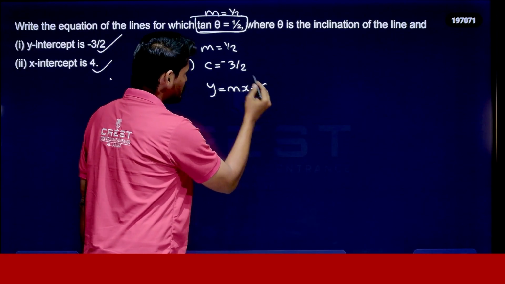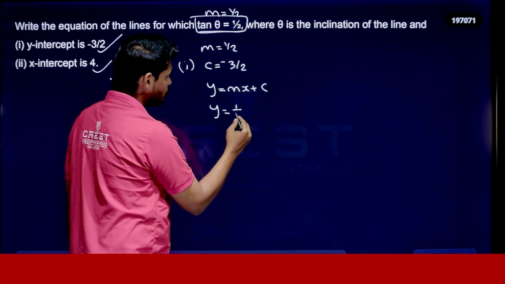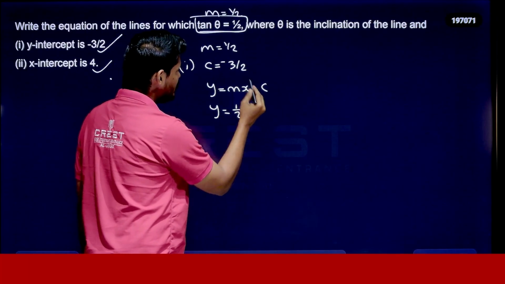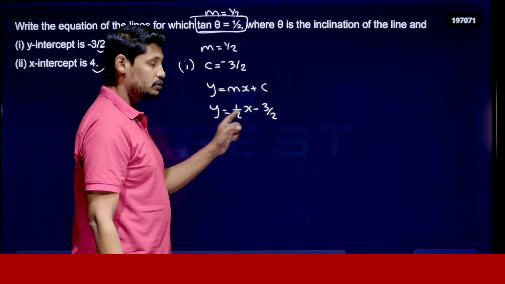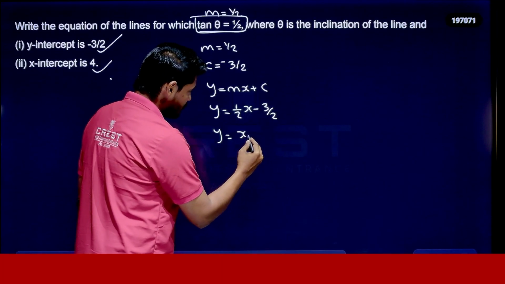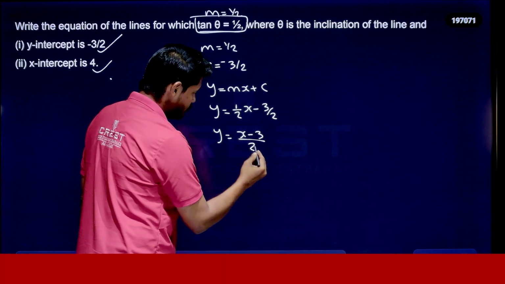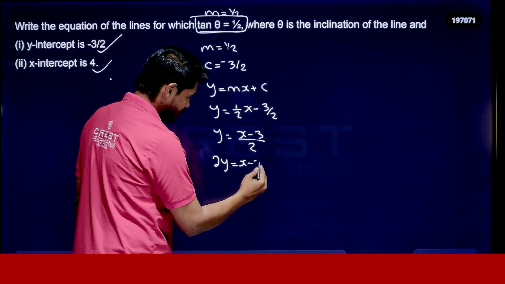We can substitute the values. Y equal to m is 1/2 x and c is minus 3/2. We have denominator 2, so we can write y equal to x minus 3 whole divided by 2, that is 2y equal to x minus 3.